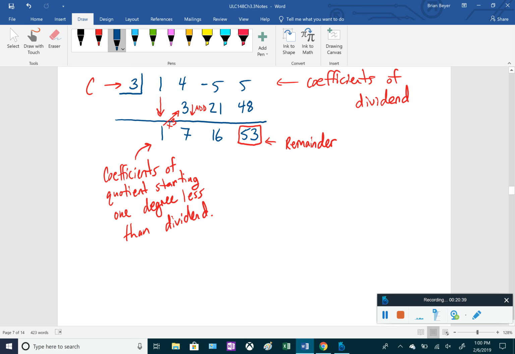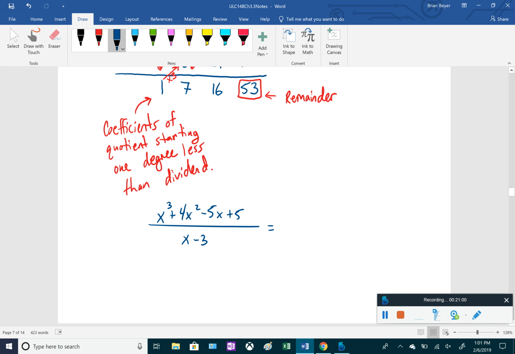So let's see how this looks. So that means in division algorithm form, we divided x cubed plus 4x squared minus 5x plus 5 by x minus 3. So our coefficients here, 1, 7, 16, it's going to be 1x squared plus 7x plus 16.